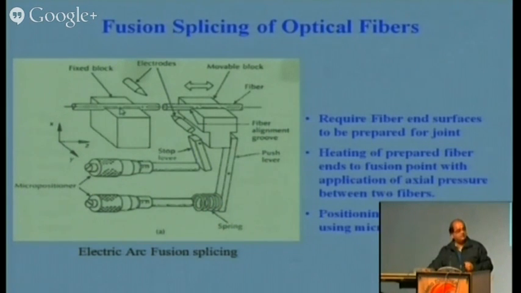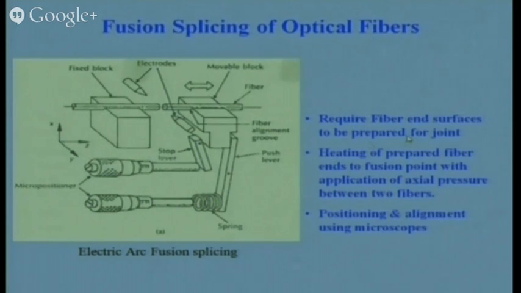This is one block, this is another block, these are two electrodes, and they are over the micro positioners.